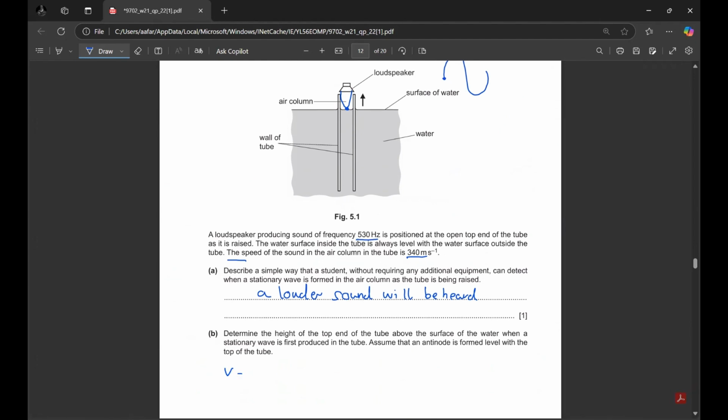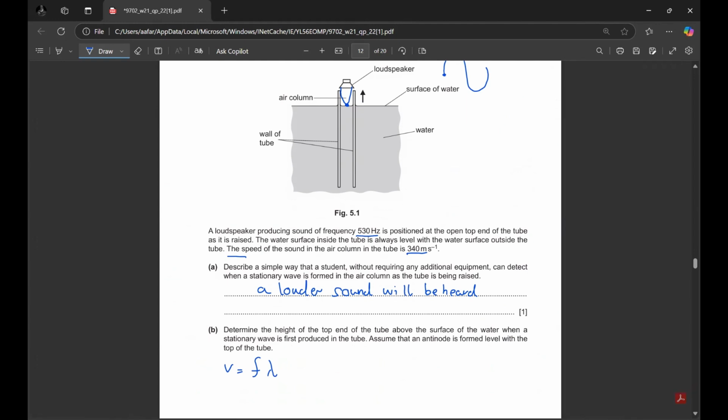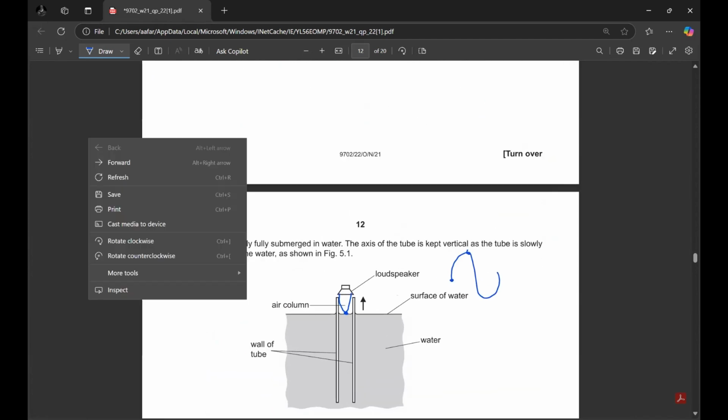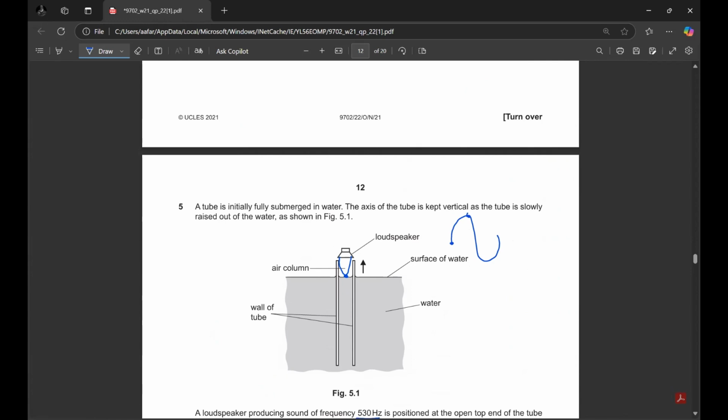Determine the height of the top of the tube over the surface of the water. So we know that v is equal to f lambda, and we have the speed and the frequency of the sound wave. So we can calculate lambda, which is 340 over 530, or 0.64 meters. You can see that the stationary wave being formed is just a quarter of the whole wave.